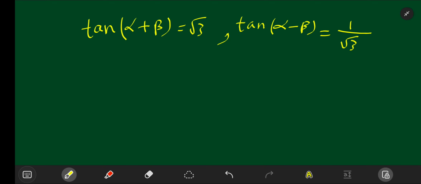I said 30 is to 60 is to 90, that is 1 is to root 3 is to 2. I said this triangle 30, 60 and 90.